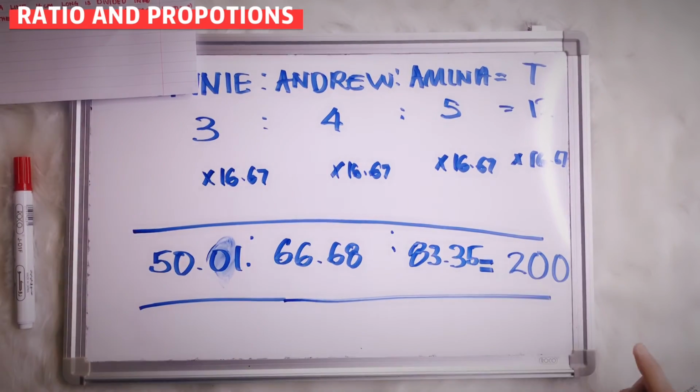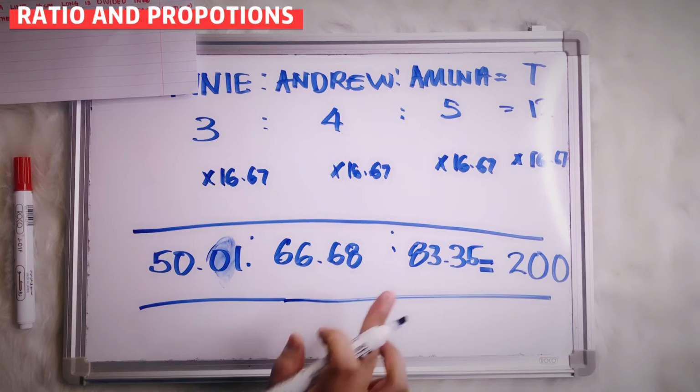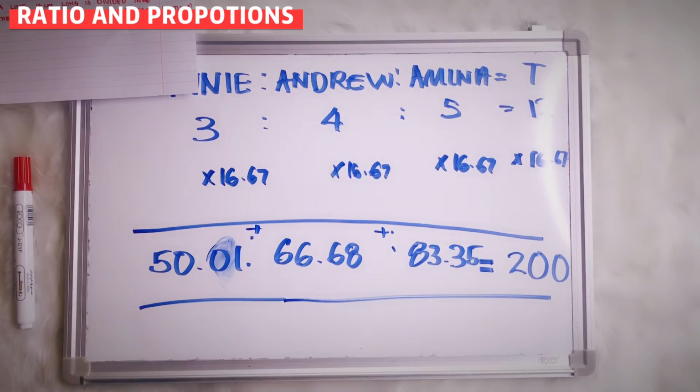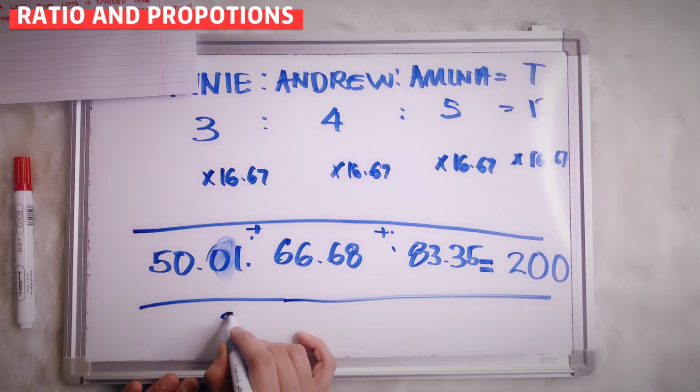So when you put all together, you calculate 83.35 plus 66.68 plus 50.01, so you will have back $200.